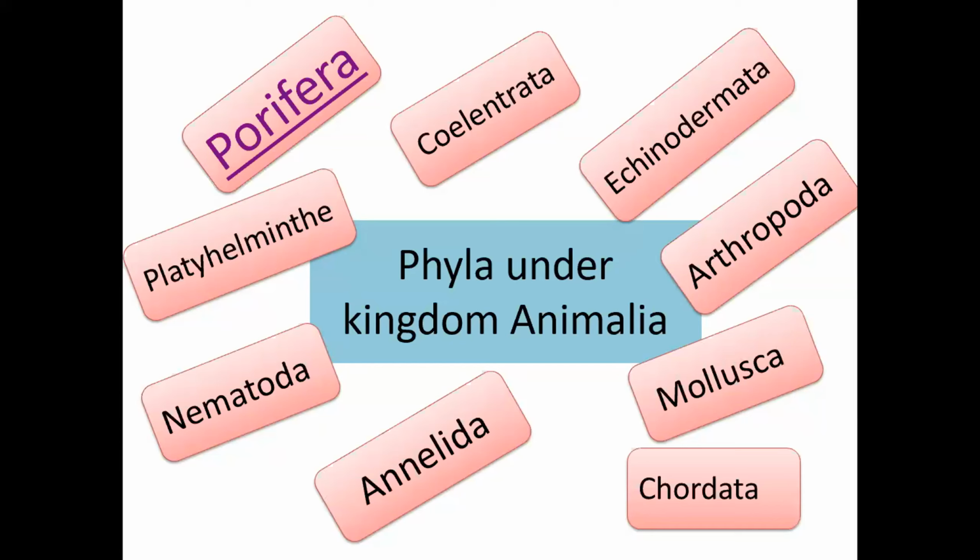No, remember we are looking at the phyla. There are 9 phyla under kingdom Animalia. Can you look into your prototype? Hello, girls. Look into your prototype for those examples.